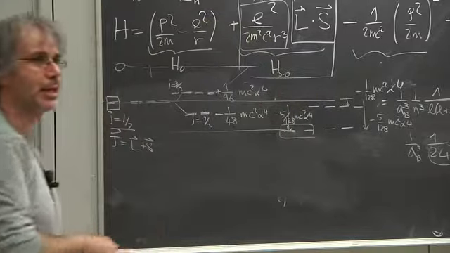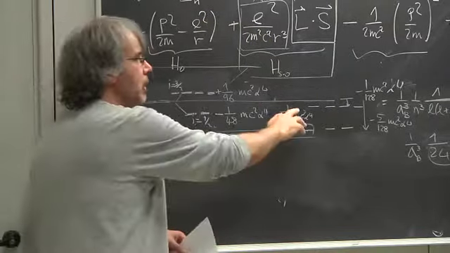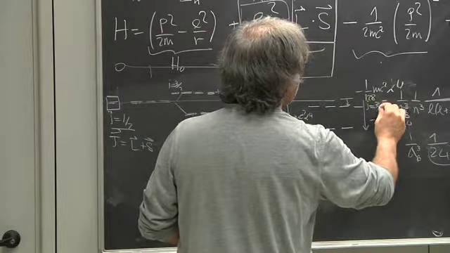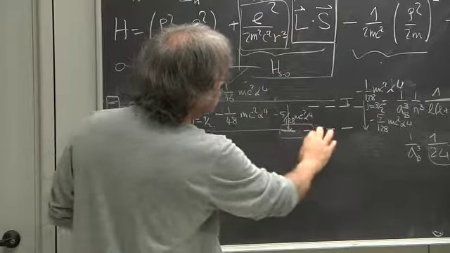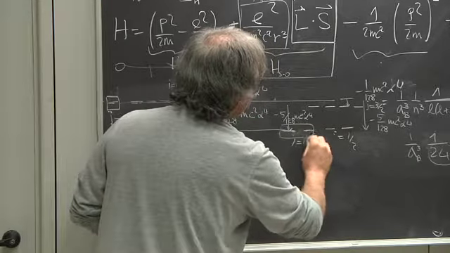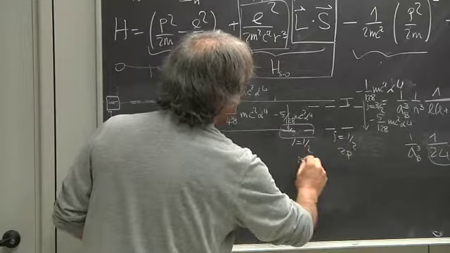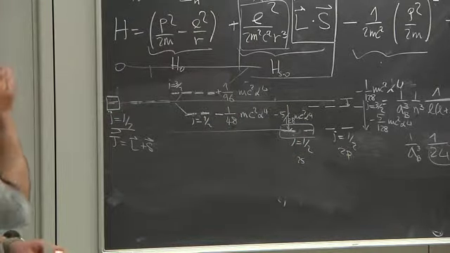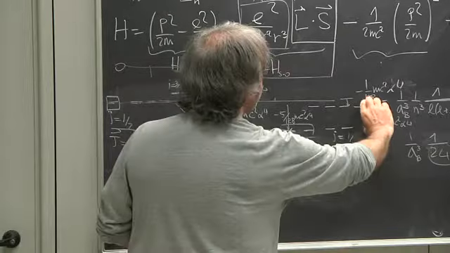I am exaggerating here. So the initial 8 states end up in a j equal to 3/2 higher multiplet, which is shifted down a little bit, and j equal to 1/2 other multiplets coming from the 2p and the 2s states, shifted down by minus 5 times that energy. So this is 5 times bigger than that.